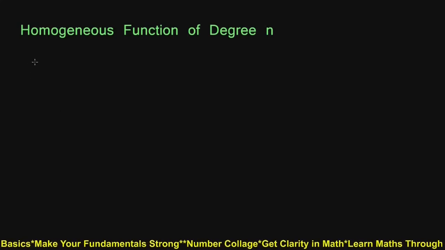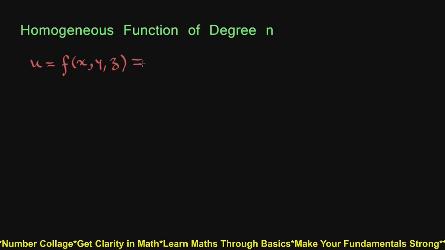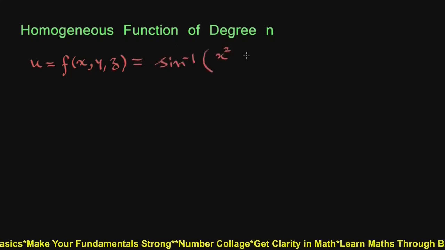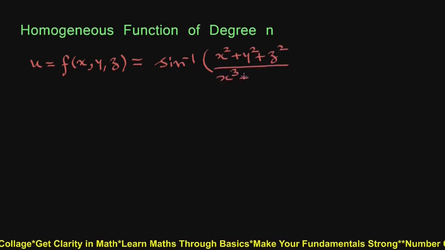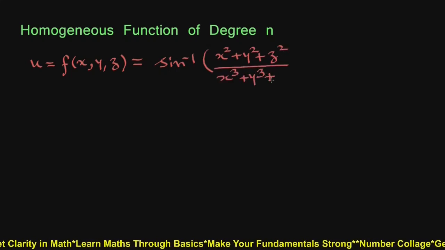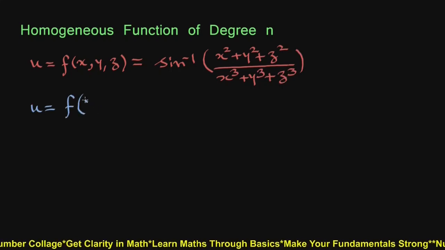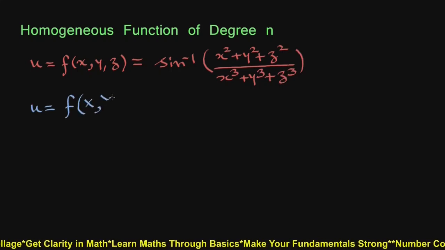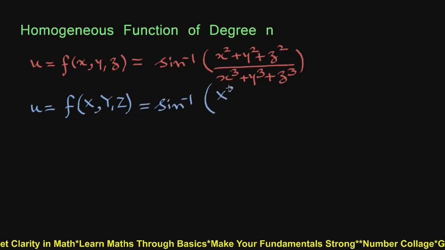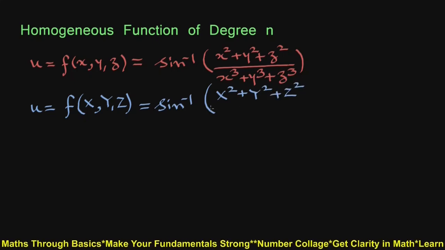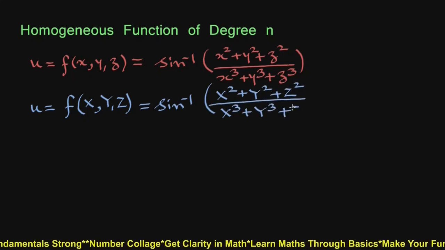Next, consider another function u equals f of x, y, z defined as sine inverse of x square plus y square plus z square upon x cube plus y cube plus z cube, which after replacing small xyz by capital XYZ will become sine inverse of capital X square plus Y square plus Z square upon X cube plus Y cube plus Z cube.